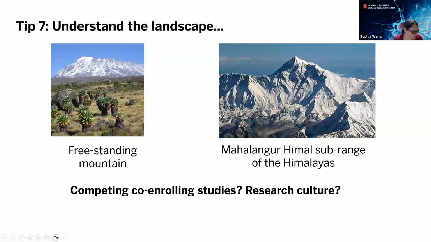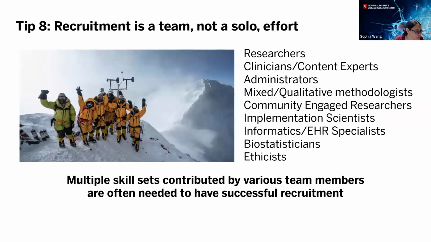So there are co-enrolling studies, and it may be that they have close enough eligibility criteria that, especially for rare diseases, you have to think about how we can be collaborative rather than competitive. Research culture is also really important. That comes from the leadership, but can also come from how you treat people and from generating that goodwill.